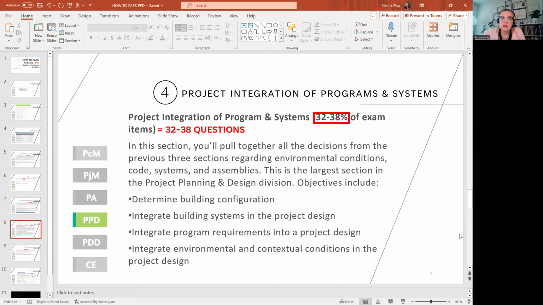So the second objective is to integrate building systems in the project design. And now with BIM, with Revit, it's easier to do. It's easier to think 3D, right? So you can rotate the model, we can see how that works, and we can see how other engineers integrated their models already, because usually, and I don't know how it's done in your particular firm, the architect shares the model with other divisions, with the mechanical, electrical and structural engineers, and they integrate their model into the architectural one.